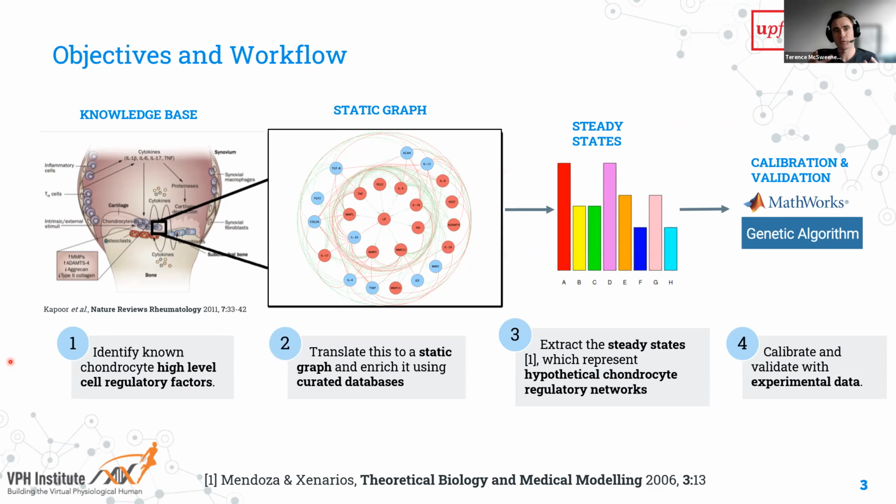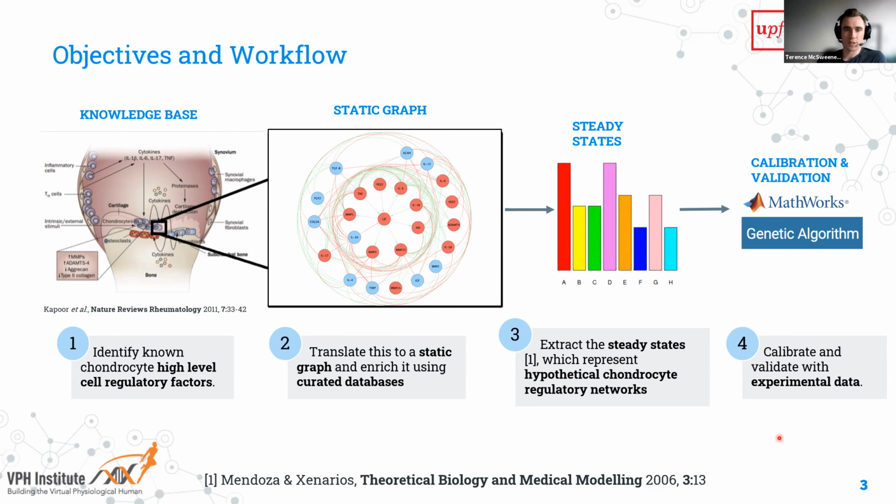This static graph can be solved across a period of simulations across time to result in a final steady state for how those different nodes become represented in the network. At stage 3, that gives us a hypothetical regulatory network based on the input information, which then gets further enriched and updated to give this steady state.